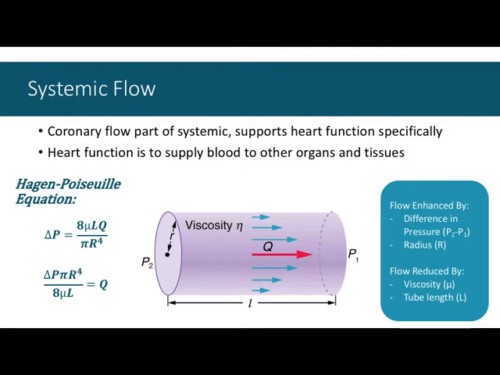Flow is enhanced by a large pressure difference and a large radius. More area for flow means more flow can occur. And that makes sense. Both of those factors are on the top in the numerator portion of this equation. If they go up, flow goes up, if you want to think mathematically.